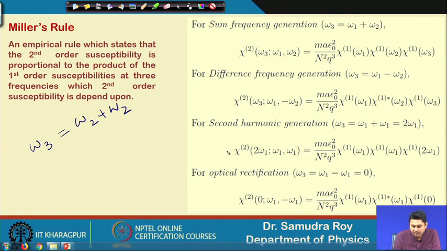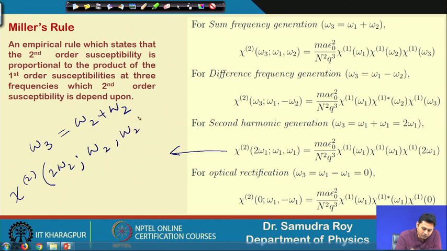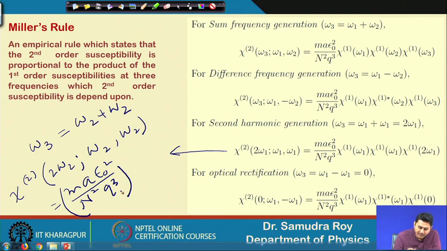In this case, these things will simply be replaced: the susceptibility at 2 omega 2, which is related to the two frequencies omega 2 and omega 2, and on the right-hand side I write m a epsilon 0 squared divided by n squared q cubed, which is the Miller's coefficient or Miller's constant, and then chi of 1 at omega 2 squared, because there will be two terms like this, and then another term, chi of 1 at 2 omega 2.